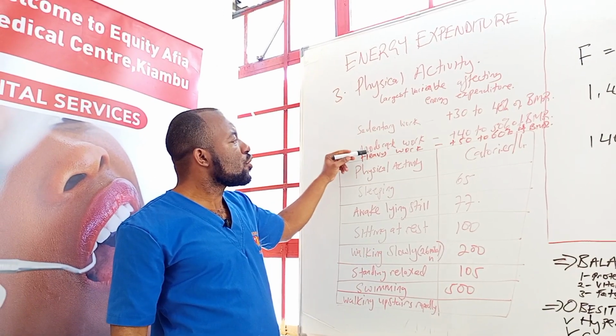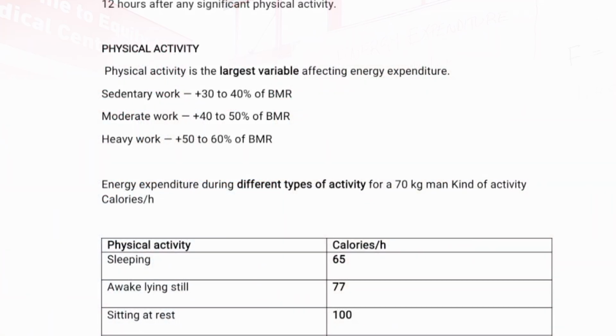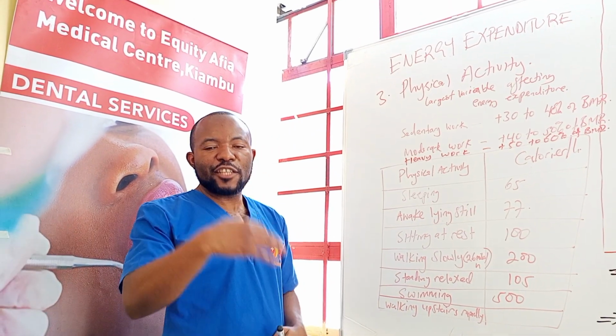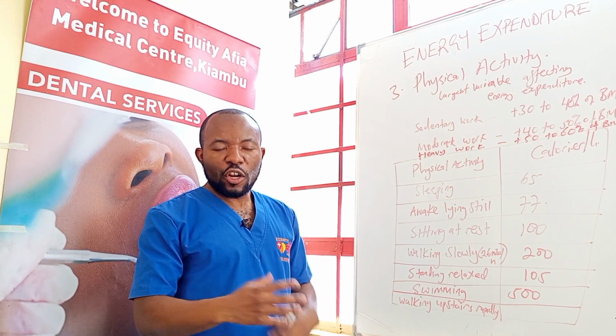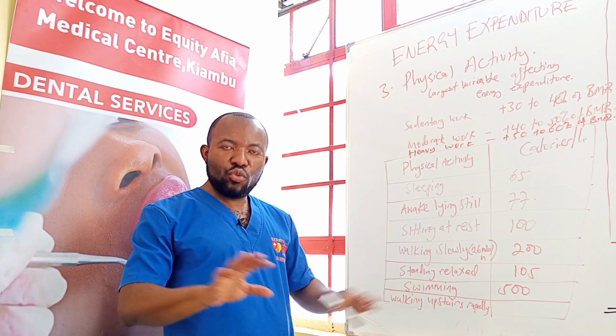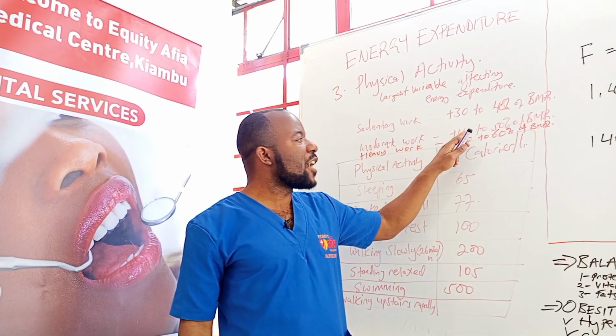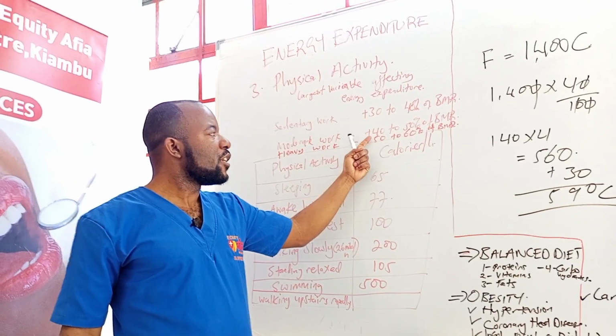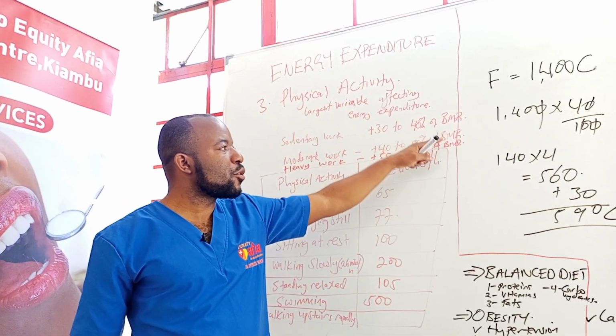When we come to the moderate workers, they are seated on the computer, they are moving up and down, maybe they are bankers, then they organize the line. You sit as you walk moderately, not much, you are not sweating, but you do walk. Your expenditure has increased. This one who is seated is 30, yours is 40 plus 50% of basal metabolic rate.